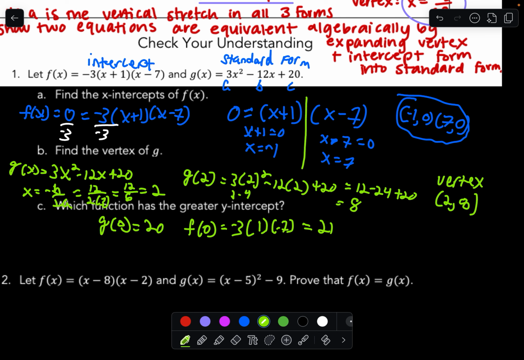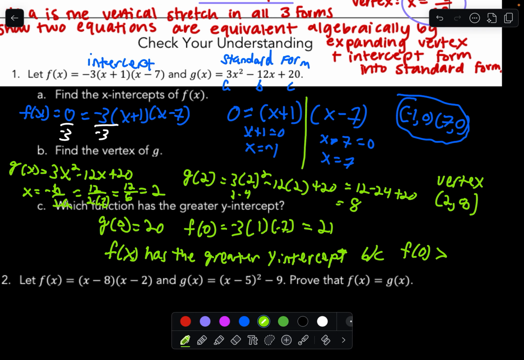So f of 0 is 21, and g of 0 is 20. F of x has the greater y-intercept, because f of 0 is greater than g of 0.